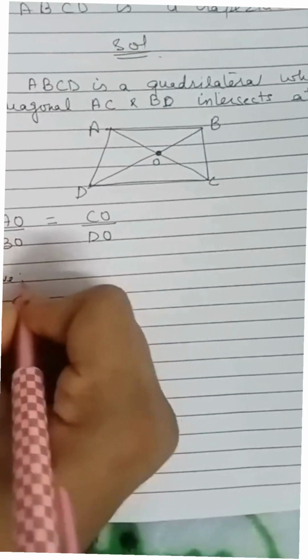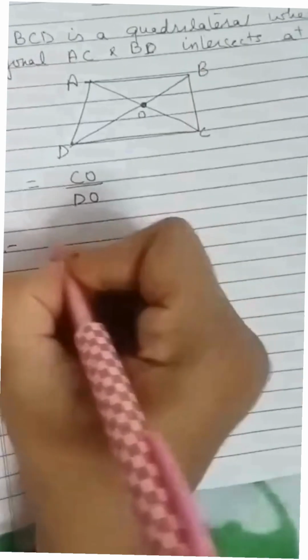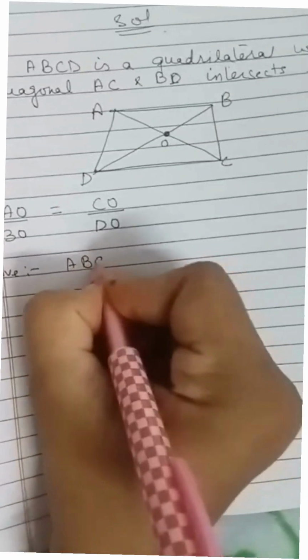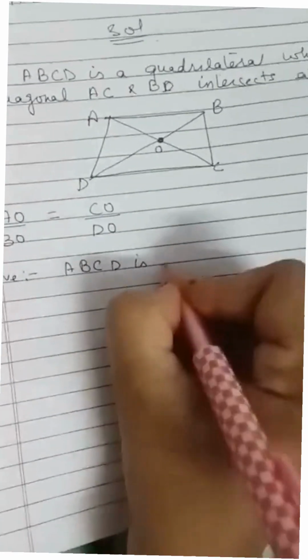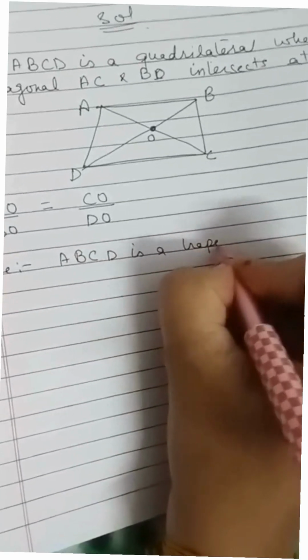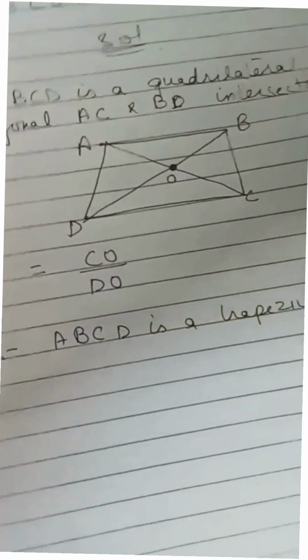Now we have to prove. So what do we need to prove? We have to prove that ABCD is a trapezium. This is what we need to prove. In this part also we have to construct.